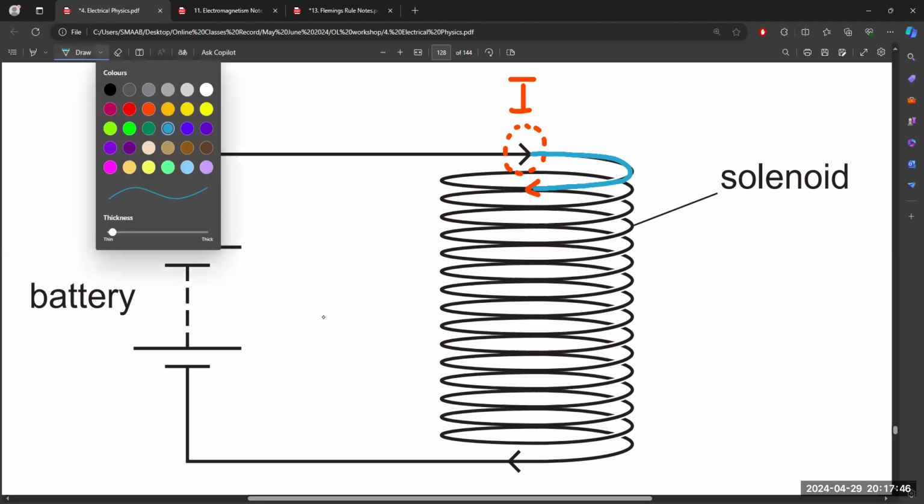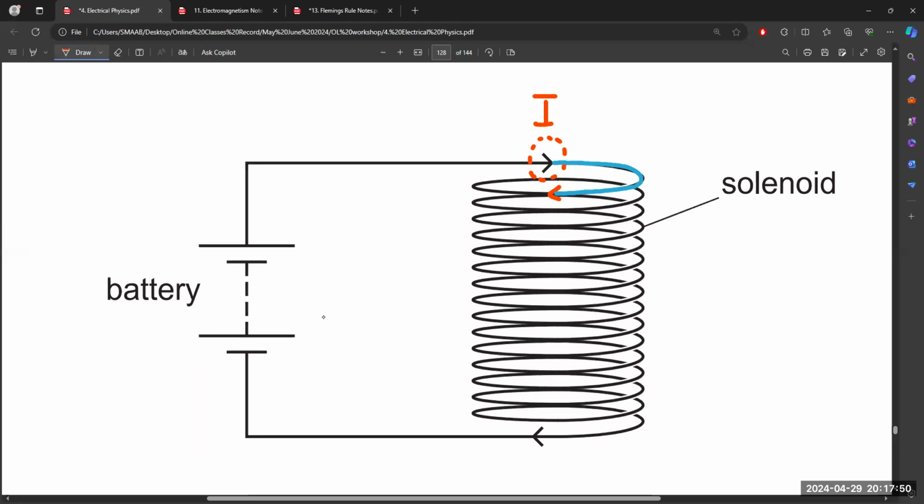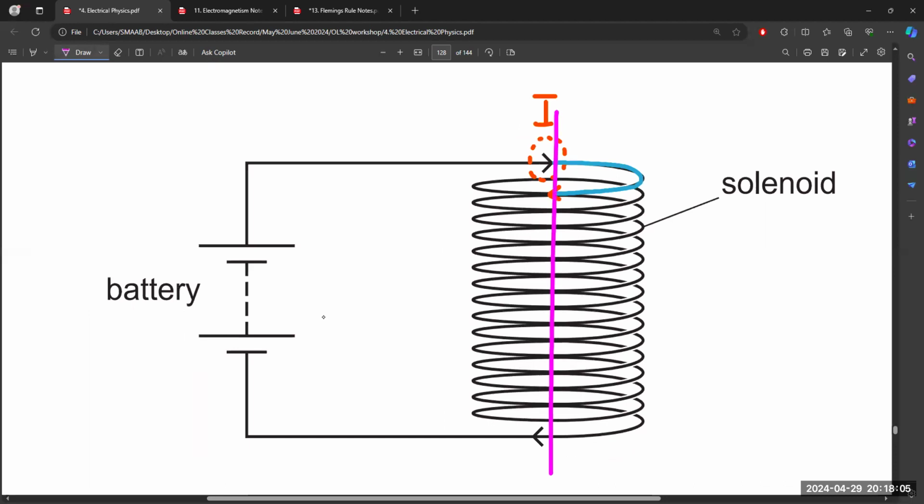It means the magnetic field line is moving from upward to downward like this. This is the direction of the magnetic field from the center.